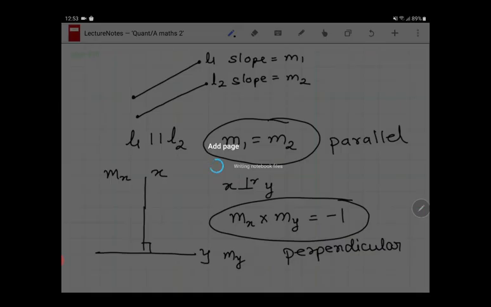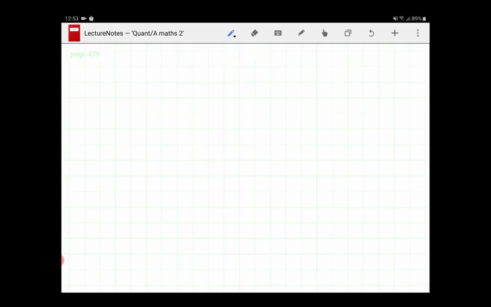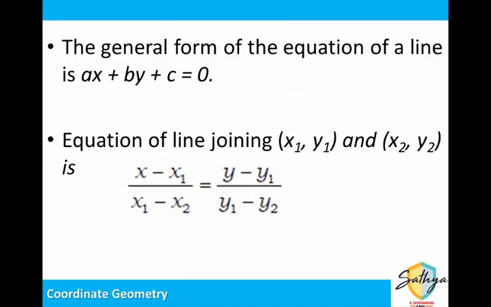Now, in coordinate geometry, we form equations for lines. So we can say that the general equation of the line is given by ax plus by plus c equals 0.